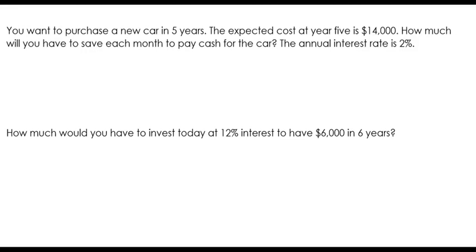So here, there are different things that we need to notice. First of all, how much are we saving each month? So this is compounded monthly. So we need to make some adjustments here to our inputs. But let's first draw a timeline.